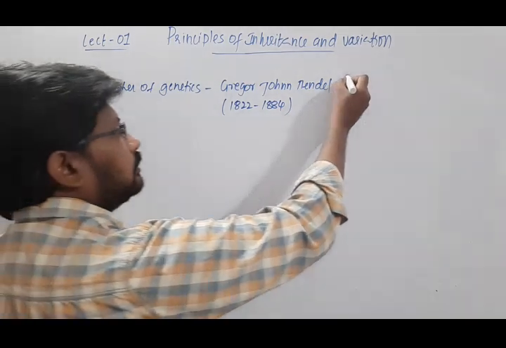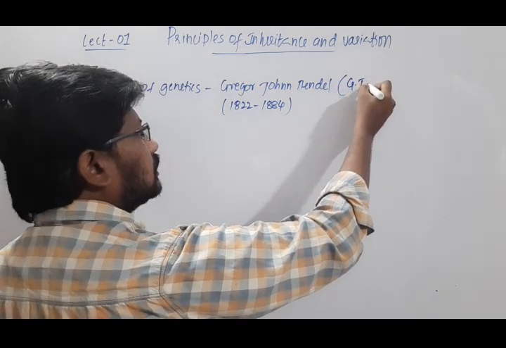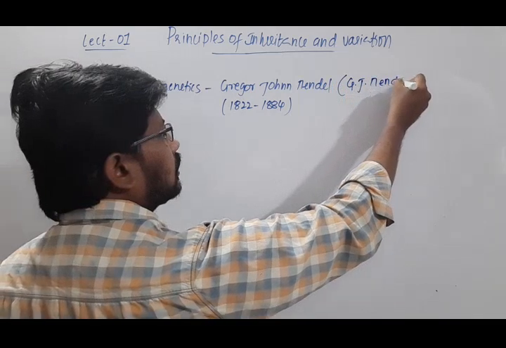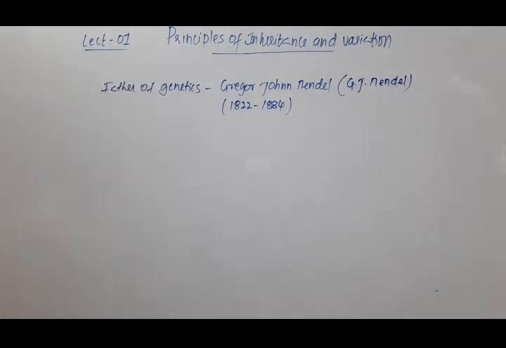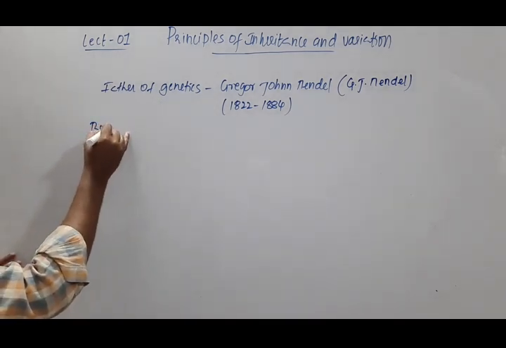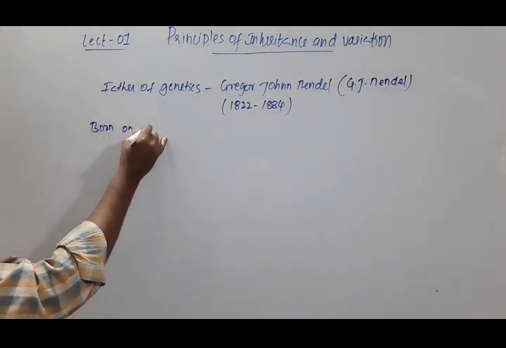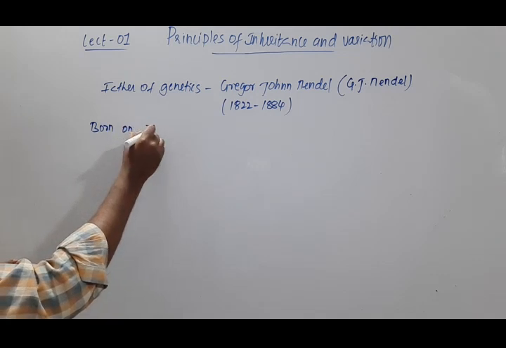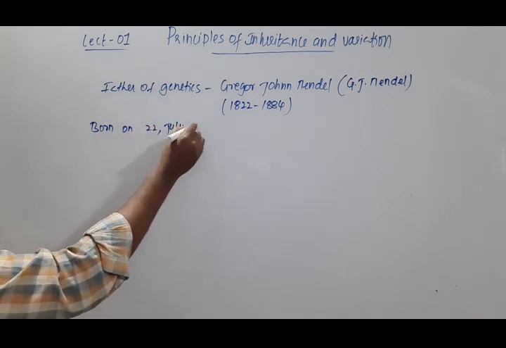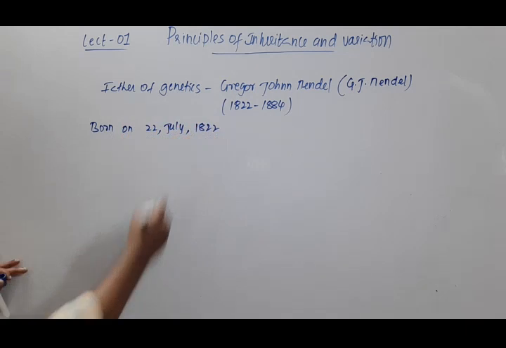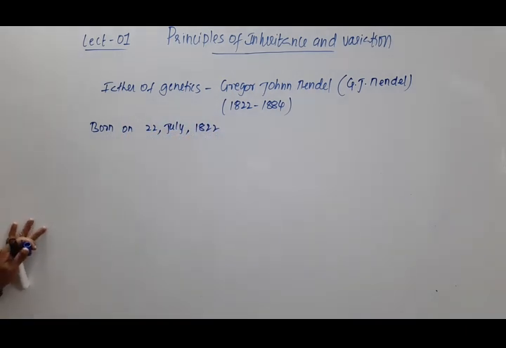In short, usually we write G.J. Mendel. He was born on 22 July 1822.